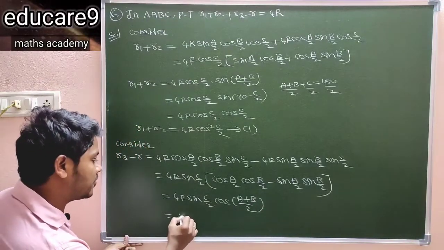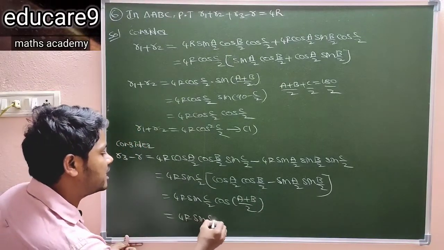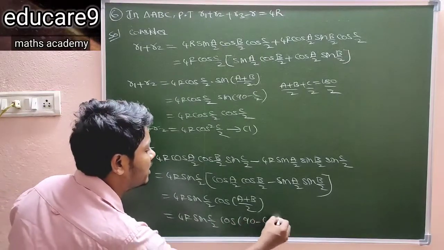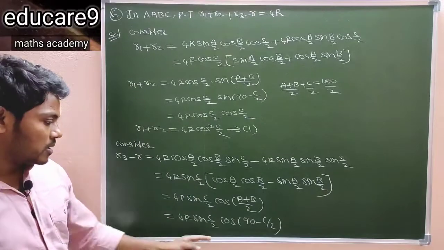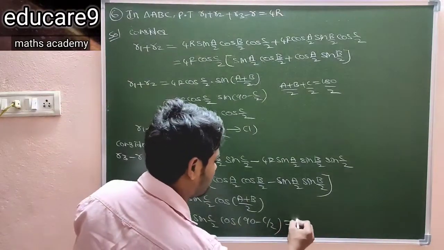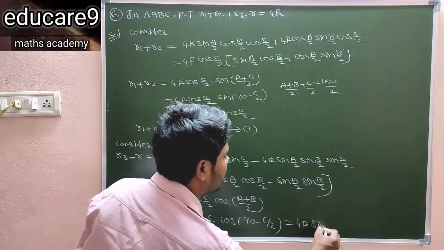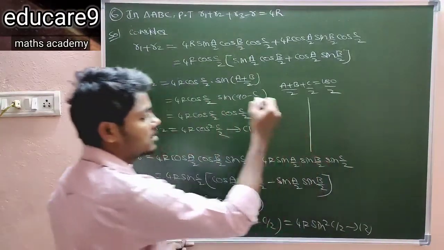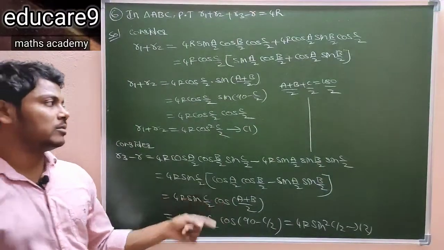So this can be written as 4R sin C by 2 into cos of 90 minus C by 2. Cos of 90 minus theta is sin theta. So this is 4R sin square C by 2. This is equation 2.